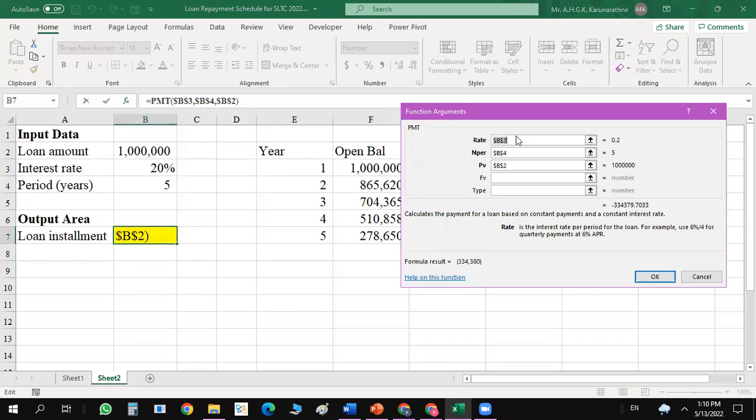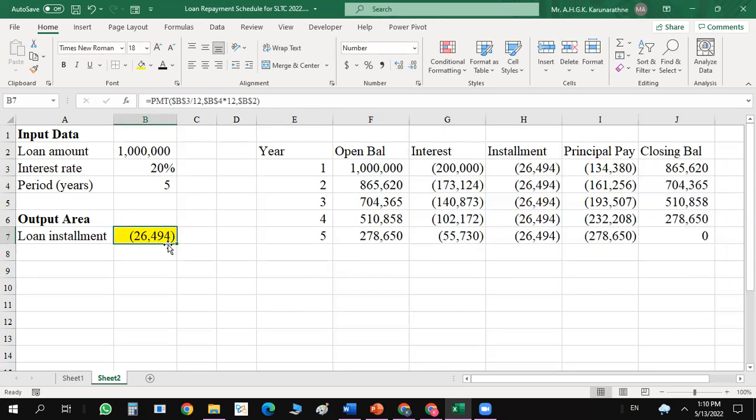If you want to make it monthly, make sure the rate is divided by 12. Number of payments, years multiplied by 12. Principal amount, let it stay, okay. Monthly installment.